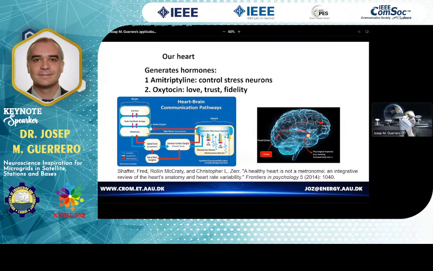Also love, trust, fidelity. When you help someone, you generate oxytocin. When someone helps you, you generate oxytocin. When you see someone helping another, you also generate oxytocin. So it's the hormone of happiness, someone said.